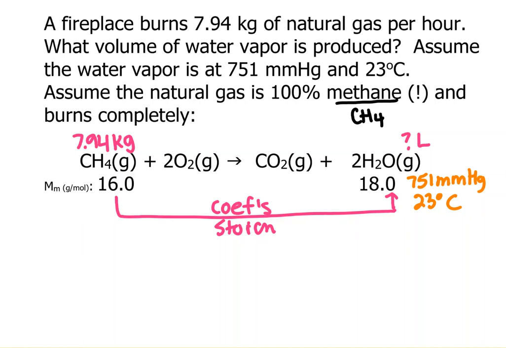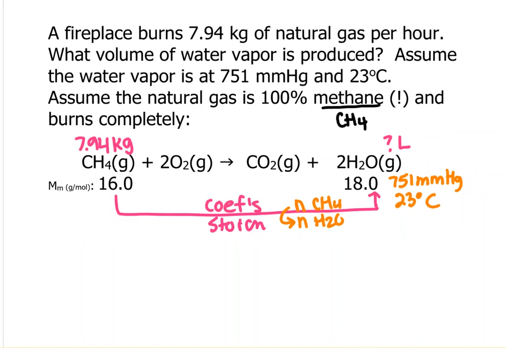I have a balanced chemical equation, so that's probably stoichiometry. And the stoichiometry will allow me to go from moles of CH4 to moles of water. Okay, so I have this amount given, so let's do that. I have this reactant. Let's do stoichiometry to get to how much water.